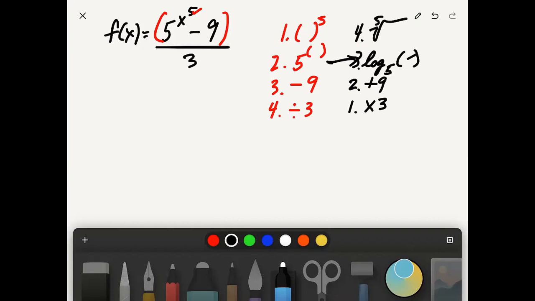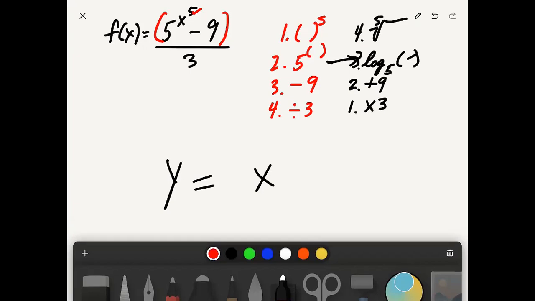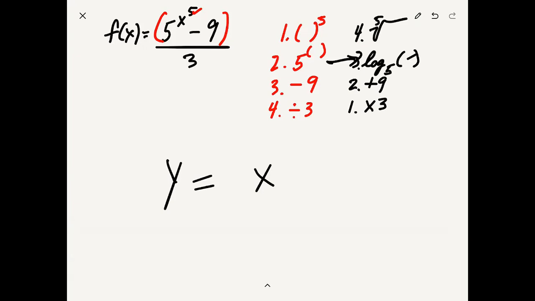We reverse the order. And we're going to start with y equals x. And then we're just going to do each one of these steps. So the first step says to multiply by 3. So we do that. It says then to add 9. So we do that. And then it says take the log of that sum with a base of 5.